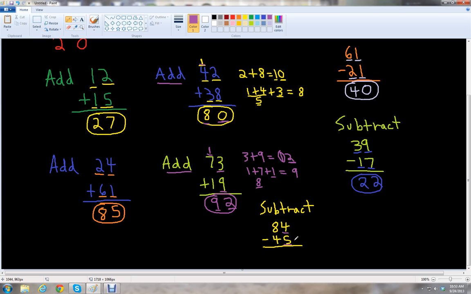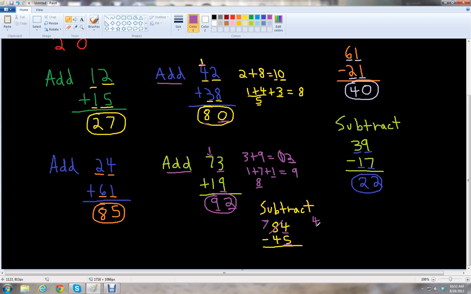So what we're going to have to do is a little special procedure that is called borrowing. So we'll take away from the tens place for the 8, and we'll take 1 away from 8 and make that a 7. So if we took 1 ten away, we get 7 tens, which means now we have to add 10 to 4 ones.